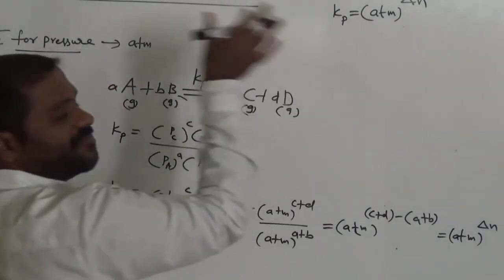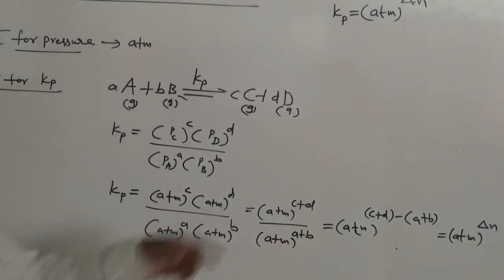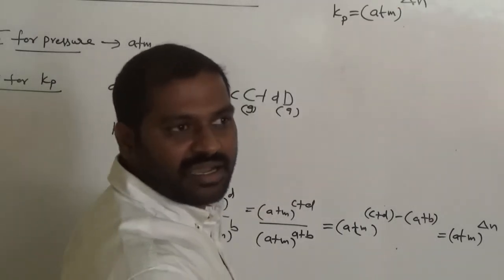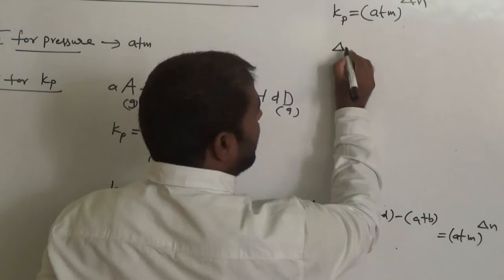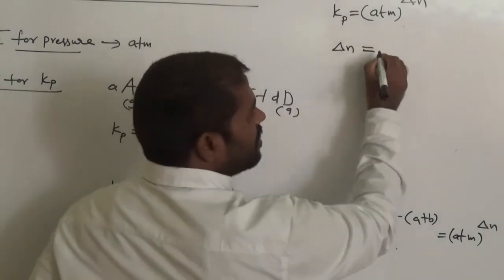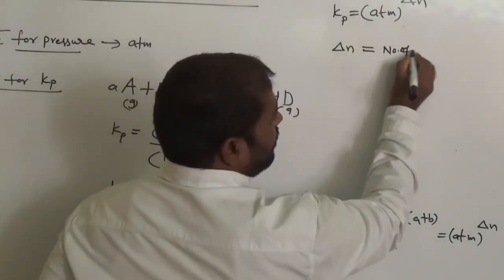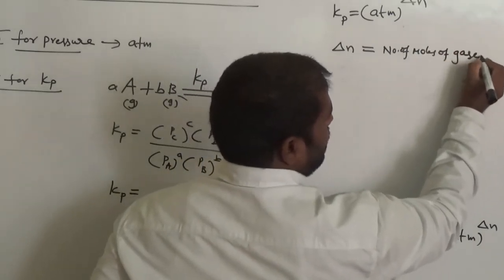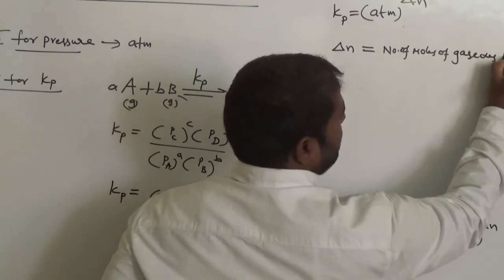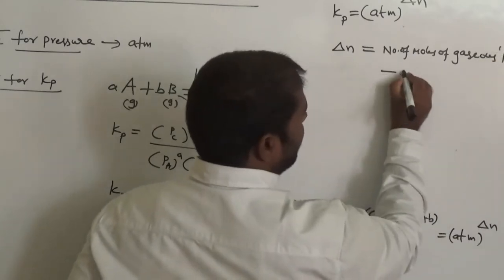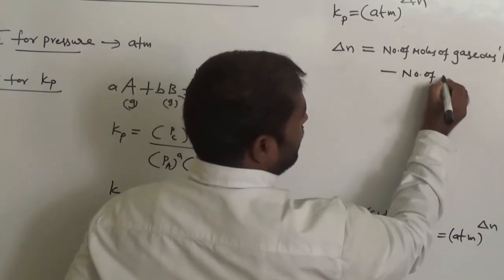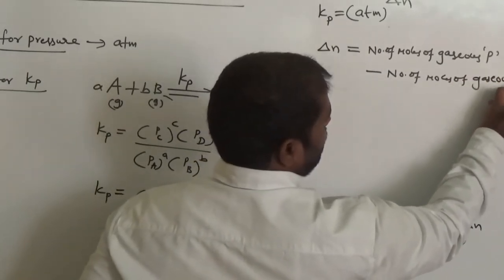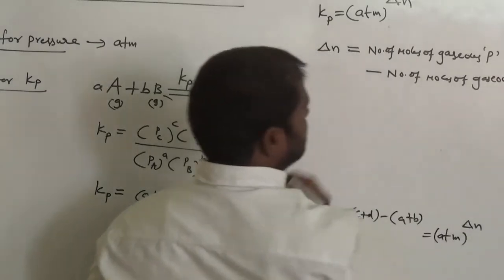This is the unit for Kp. What is the unit for Kp? atm whole power delta n. So what is delta n here? Number of moles of gaseous products minus number of moles of gaseous reactants.